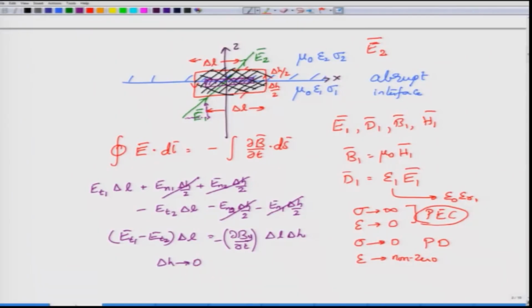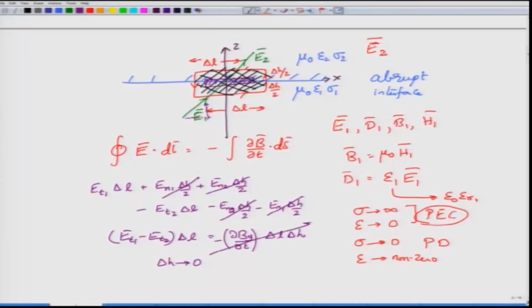As delta H goes to 0 and we also assume that the B fields are finite everywhere, the right hand side will be equal to 0, leaving the left hand side where delta L is non-zero. The only conclusion possible is that ET1 equals ET2, which is tangential electric field equals tangential electric field on the second medium as well.